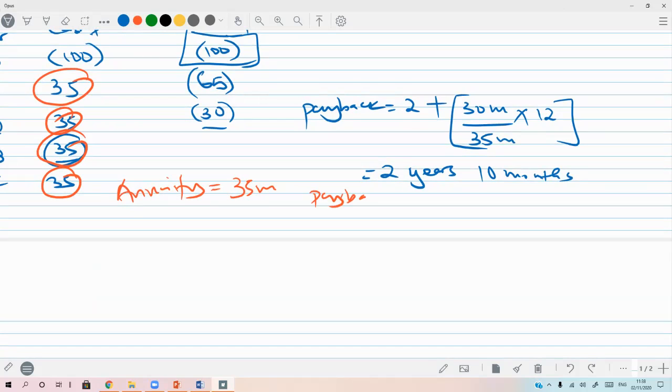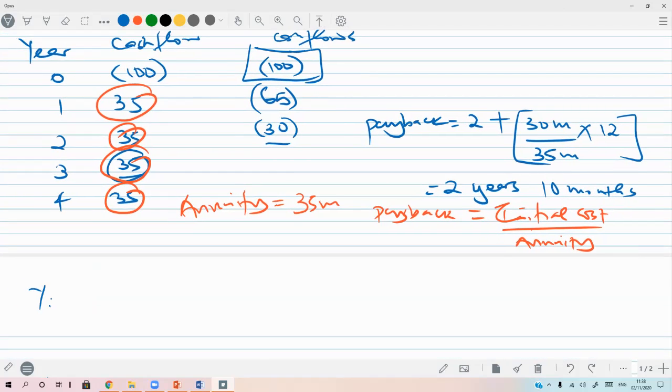The payback can also be obtained as the initial investment, the initial cost, divided by the annuity. That is in case we have an annuity, an equal cash flow earned over an equal time period. That 5, that 5, that 5, that 5 for every year.